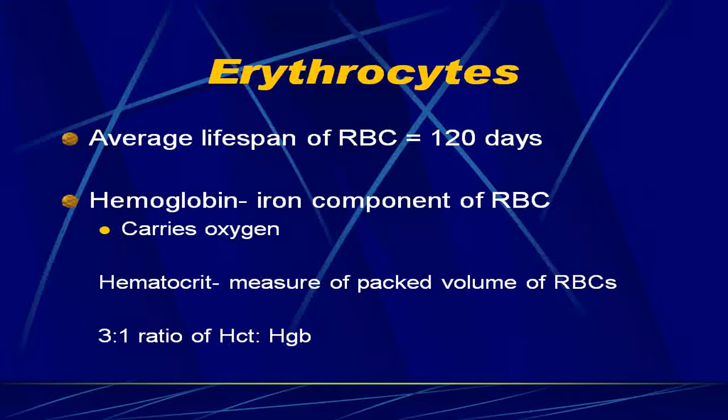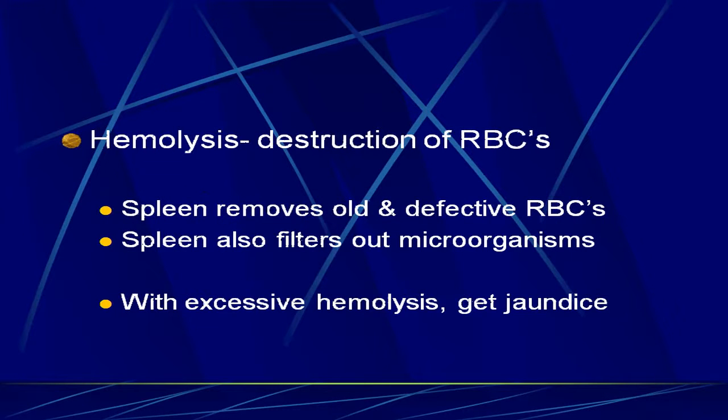And when we look at the ratio of hematocrit to hemoglobin, it's 3 to 1. If you go back and look at the lab values that I just told you, for a woman, a hemoglobin is, let's say, 12, but the hematocrit is 38. So we see that that hematocrit is 3 times that hemoglobin.